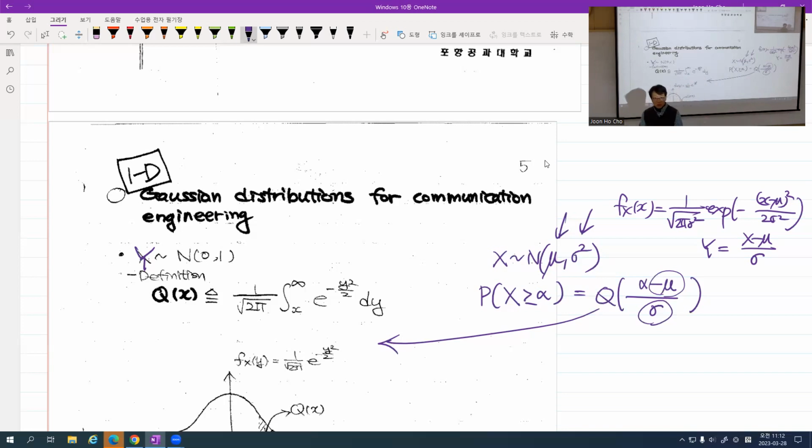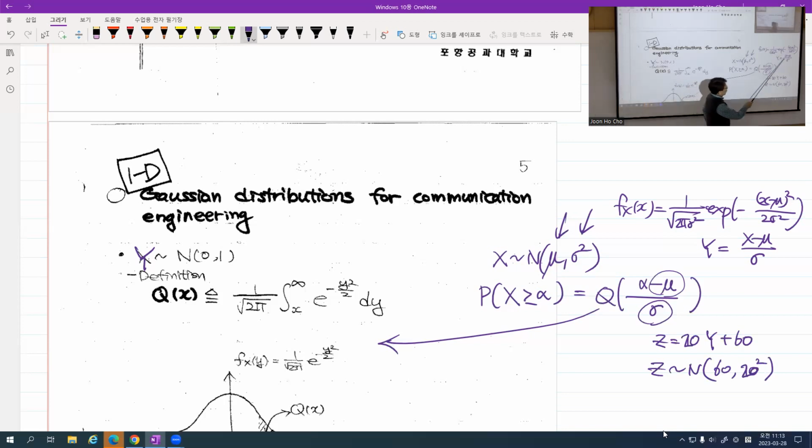So what do we do? And then we multiply, for example, 10, and we add, for example, 60. Then what happens? Let's say this is z. Then z is normal with what? Mean 60 and standard deviation 10, right? Or sometimes we multiply by 20, then something like that. Then what happens?